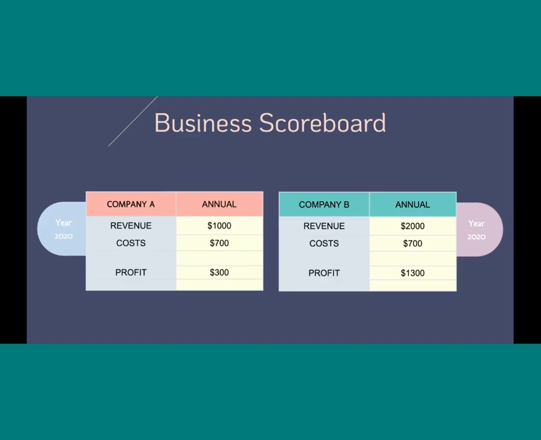So all costs being the same, company B retains more in profit. They're able to sell more. So we can reasonably conclude that company B measures a little bit better in this respect. This is one way to determine whether or not a company is better than another.